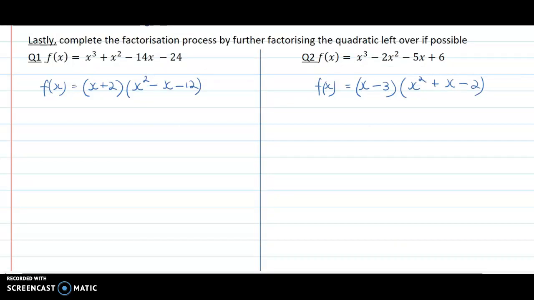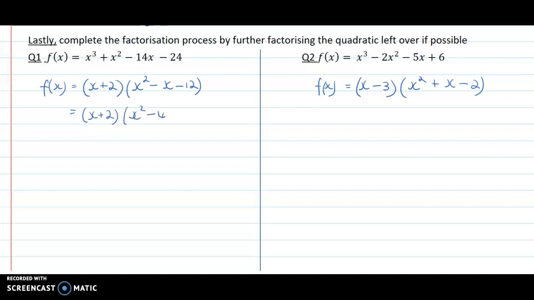Alright, last stage is just factorizing the leftover quadratic if possible. So I know that I've got my x plus 2 removed out. If I look at this quadratic, what two factors of negative 12 here add to give negative 1?